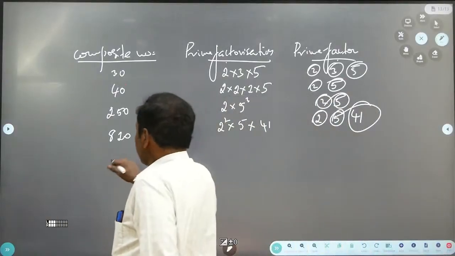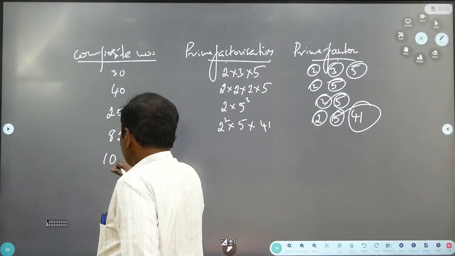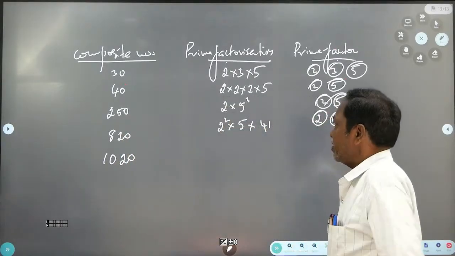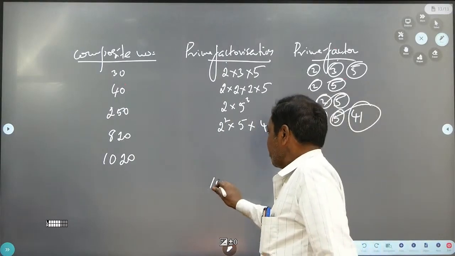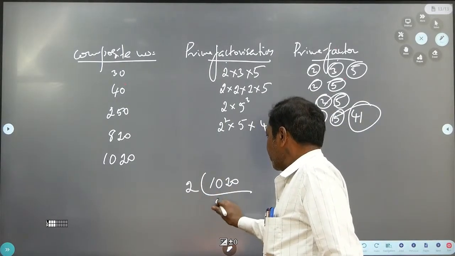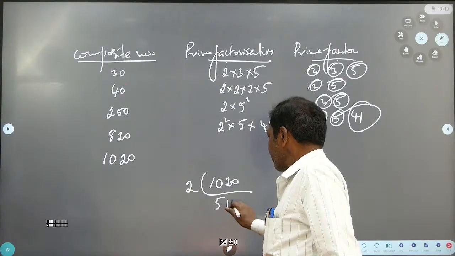The last one, let us see, that is 1020. Now you can see 1020. 2 5s are 10, 2 1s are 0.